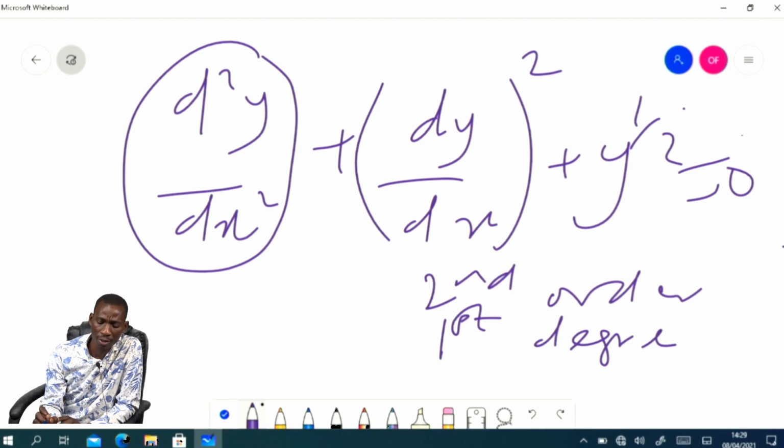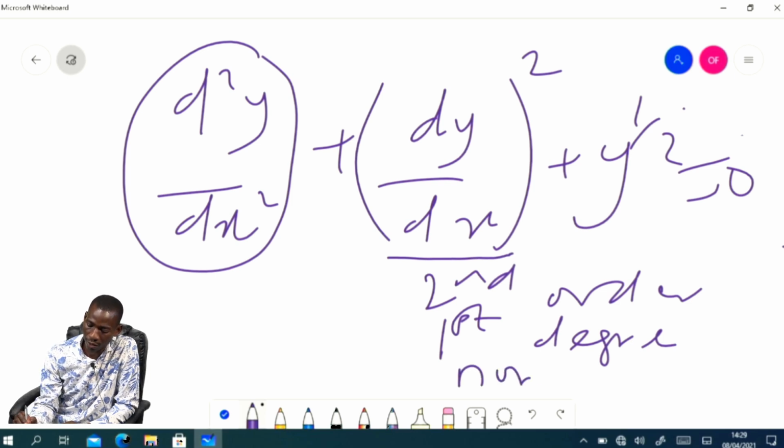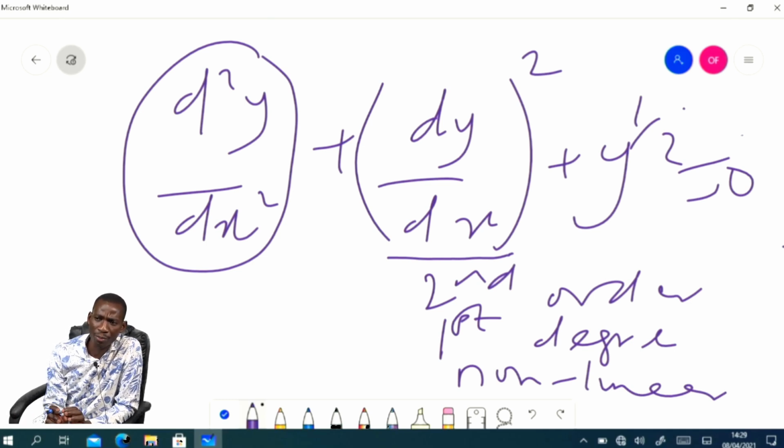Why is it first degree? Because the index on the highest derivative here is 1. But this is non-linear, the reason being that there is a product of dy/dx and dy/dx. So anywhere you see a product of either the dependent variable and its derivative, or the dependent variable multiplied by itself, such an equation is said to be non-linear.